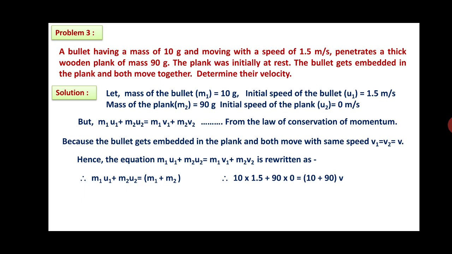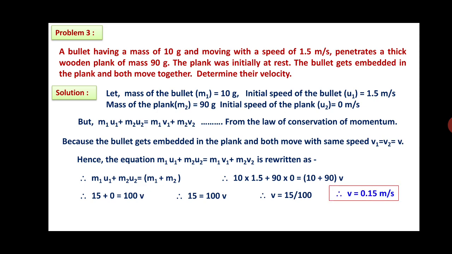Therefore 10 into 1.5 plus 90 into 0 is equal to (10 plus 90) into v. Here 10 into 1.5 is 15 and 90 into 0 is 0, so 15 is equal to 100 v. Therefore v is equal to 15 upon 100, that gives v is equal to 0.15 meter per second. Therefore the velocity is 0.15 meter per second.